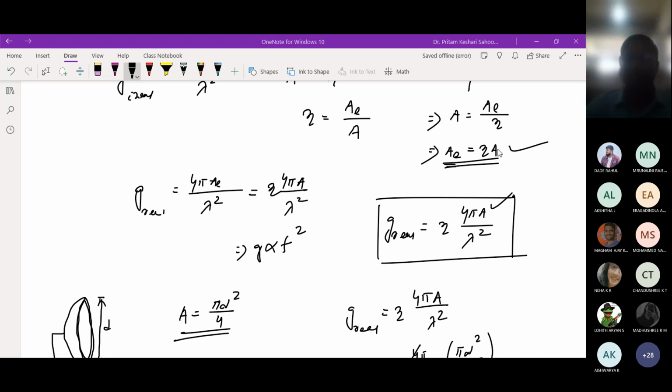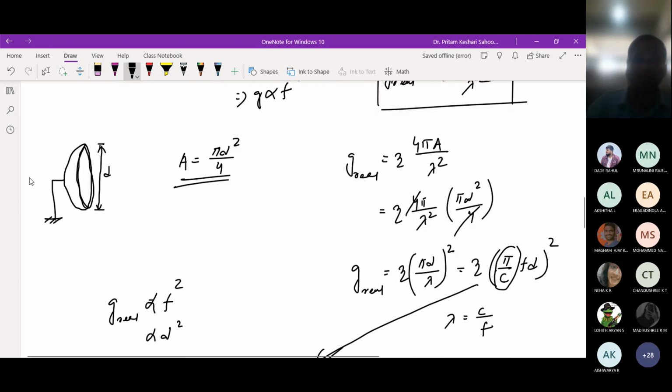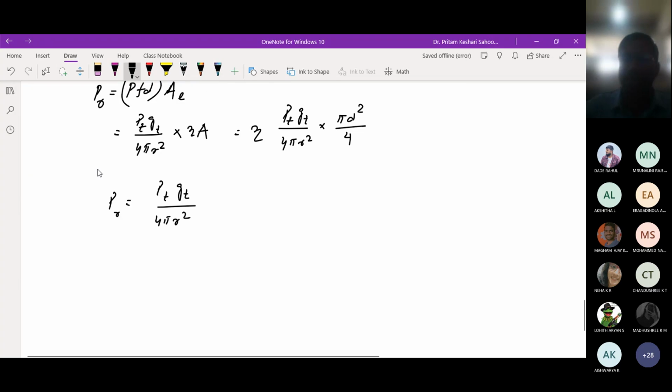Got my point? Suppose I am writing the side. We know that the gain of the antenna is equal to 4 pi AE divided by lambda square.